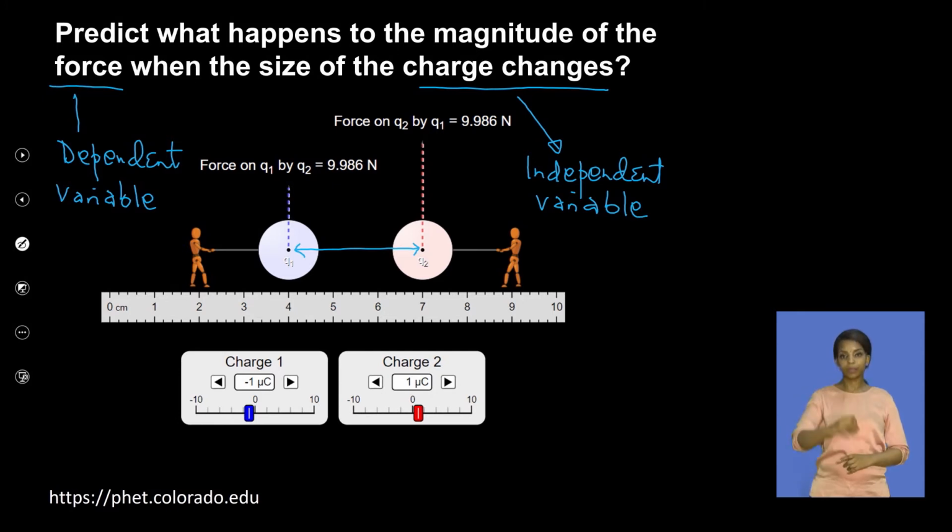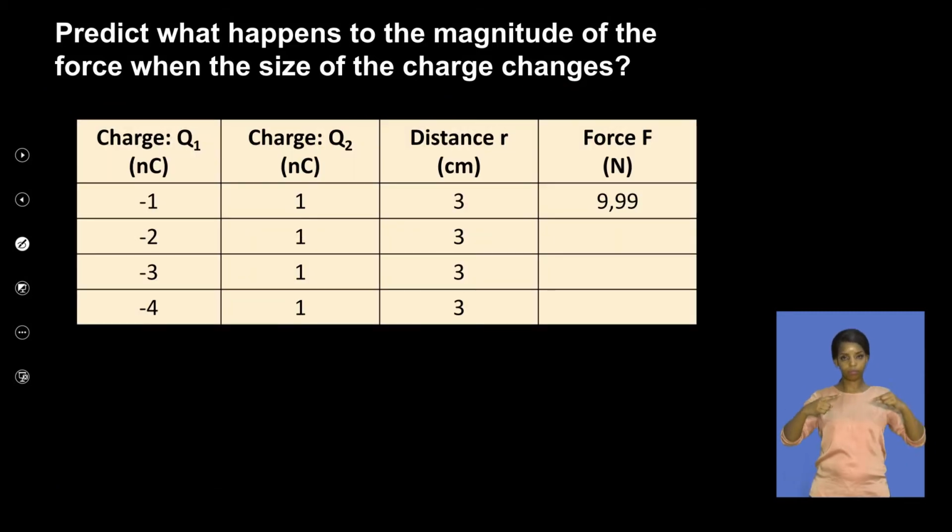The 3 centimeters is the distance between Q1 and Q2. The force exerted by Q1 on Q2 is 9.986, which is approximately 10 newtons. It's the same magnitude, but you must realize that these two forces are in opposite directions. Now, if we go to our table, it says here when the charge of Q1 is -1 and that of Q2 is +1, and the distance is 3, that's the force that we have recorded.